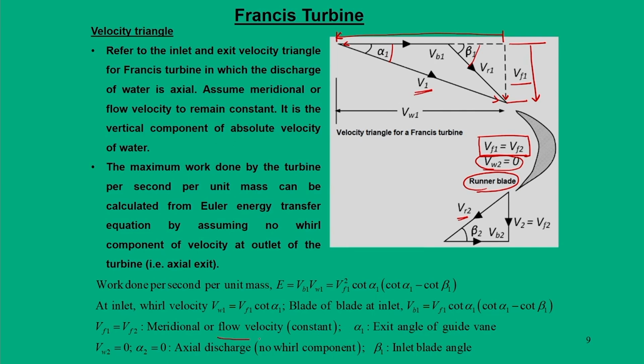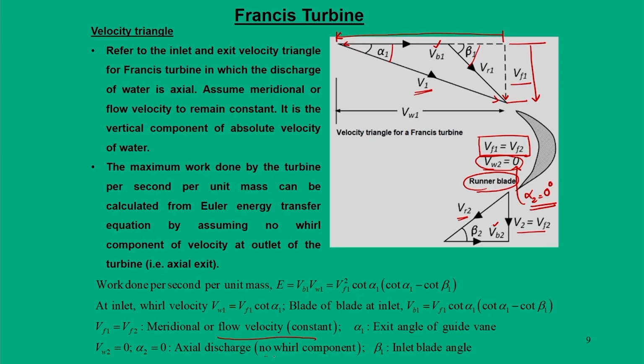For this Francis turbine, we call these the flow velocity or meridional velocities, and Vf1 is equal to Vf2, and that is nothing but your V2. Another important point is that we have two blade velocities, Vb1 at the inlet and Vb2 at the outlet. And here alpha 1, beta 1, and alpha 2 is 90. So, here we say alpha 2 is equal to 90 degrees. Through this process we get these two expressions. Sorry, alpha 2 is 0 degrees.